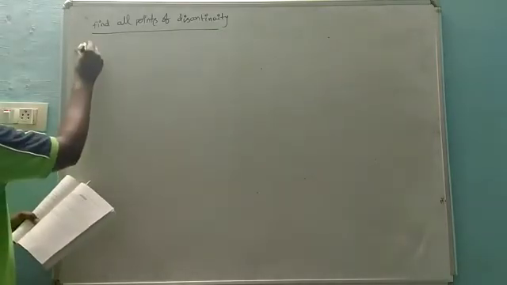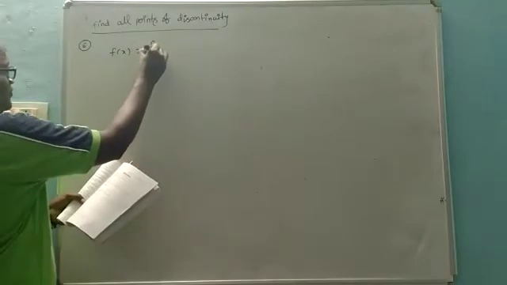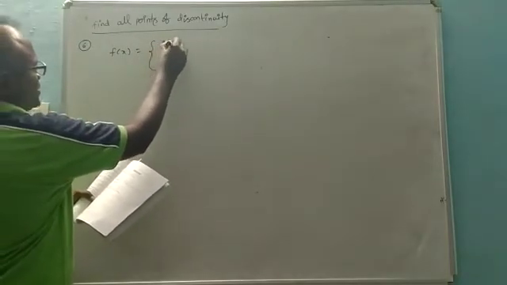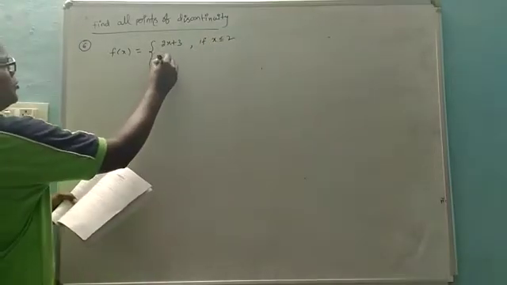For example, the first, 6th problem: what about f of x? f of x is equal to 2x plus 3 if x is less than or equal to 2, and 2x minus 3 if x is greater than 2.